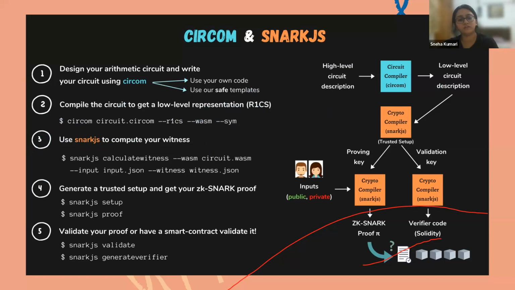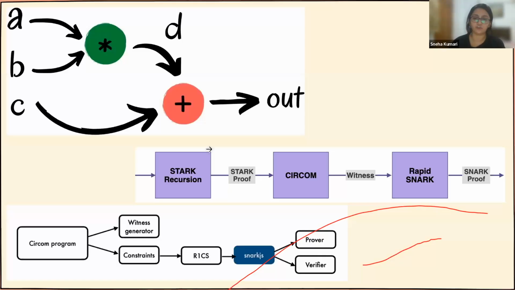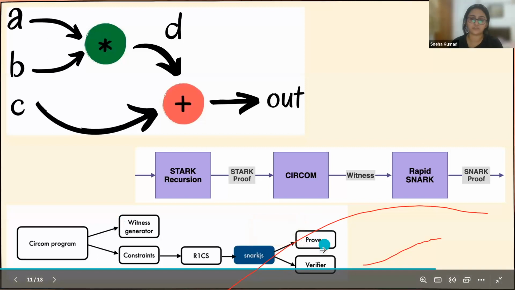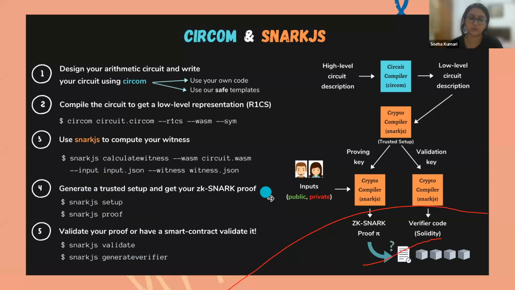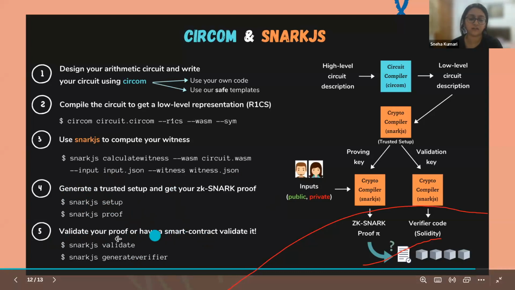Then we generate a trusted setup and get a snark proof. And just like in the previous slide, we saw that snark.js gives you respective prover and verifier proofs. So that is what we are trying to do here. We are doing a setup and then getting the ZK snark proof, and then validating our proof or having a smart contract to validate it whatever way we want.